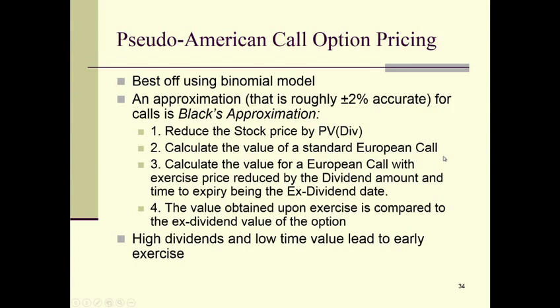Okay, so that's one European call. Now, you then calculate a second European call with the exercise price reduced by the dividend amount, and this time you pretend that the expiration date is now the ex-date or dividend payment date. Okay? So in doing so, you basically have calculated the value of two calls, right? And then you can compare the two and take the greater of the two.